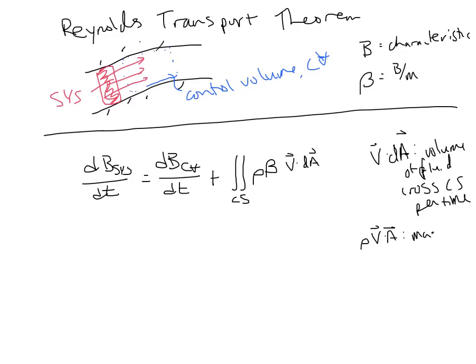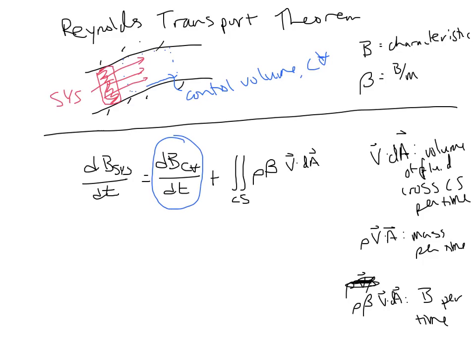This is mass per time crossing the control surface. So when we multiply by beta, rho beta V dot dA is the amount of B crossing the control surface per time. So when you add that up over the whole volume, you get something that relates to the change in B in the control volume.